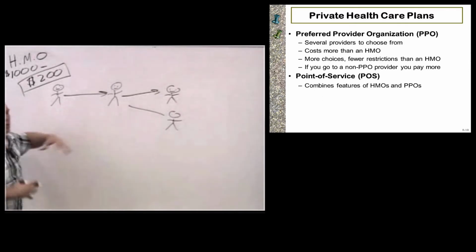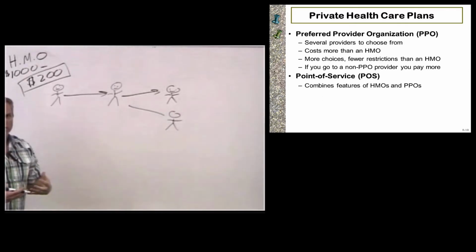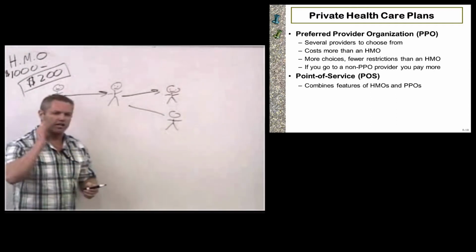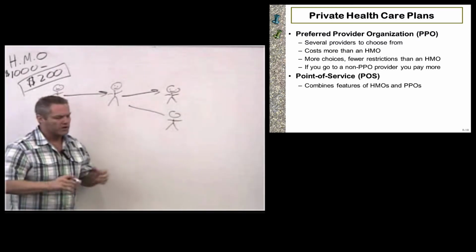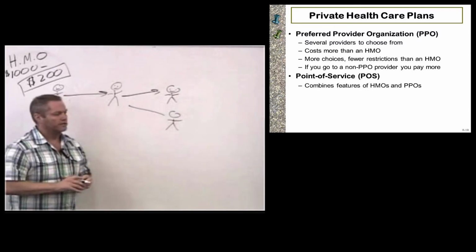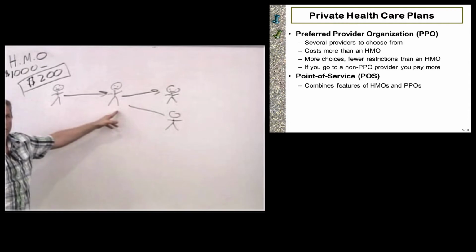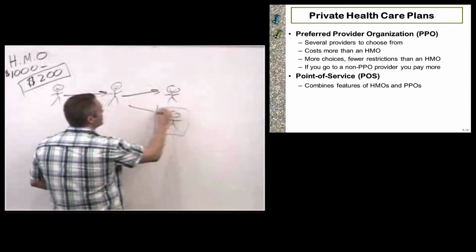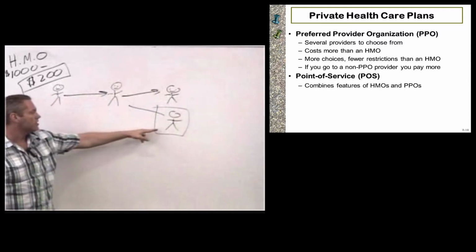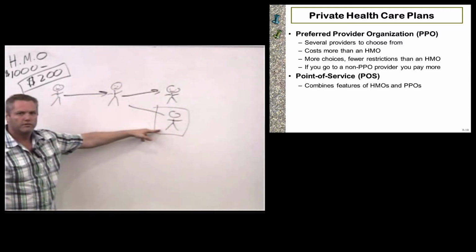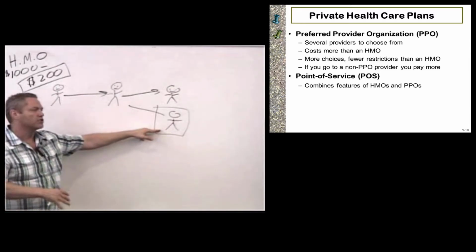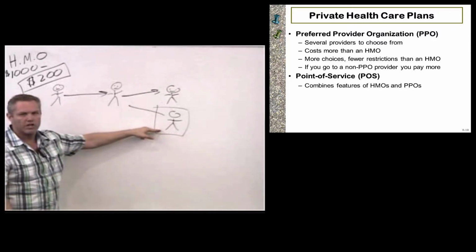So what I've done, and I've done it several times, one time my wife was really sick, and she had an inner ear nerve disorder. And so what we did is we were at the time in an HMO. We went to the doctor, we went to the specialists, and we just decided we didn't think this person was expert enough. So we went ahead and went out of pocket and went to the House Ear Clinic. The House Ear Clinic is considered one of the best ear clinics in the world.